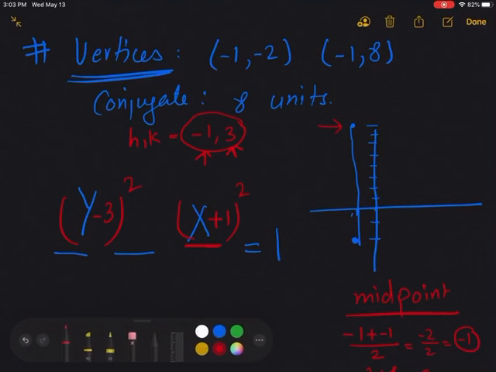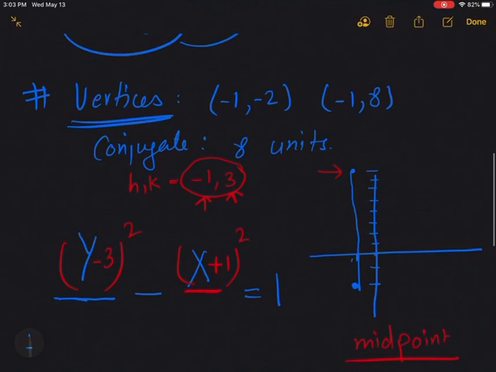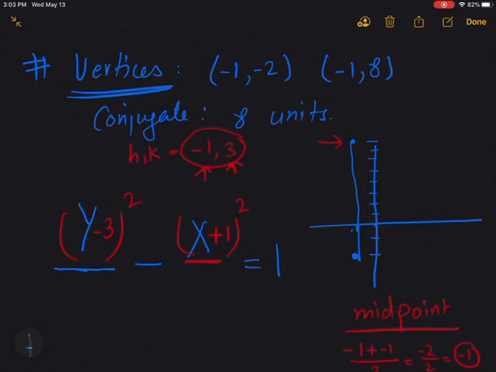Why does this minus sign look so big? Let me just make it a little bit smaller. Okay, this is minus. Now we need to find the a and b values. You know a is the first number, b is the second one. Since we know the conjugate axis is 8 units long, which is the x-axis, half of that is 4, squared would be 16. So this would be 16 under x.